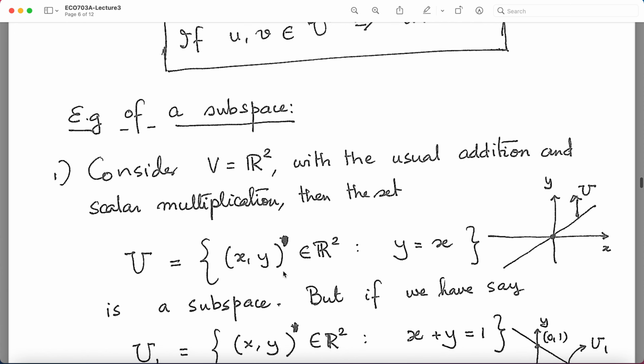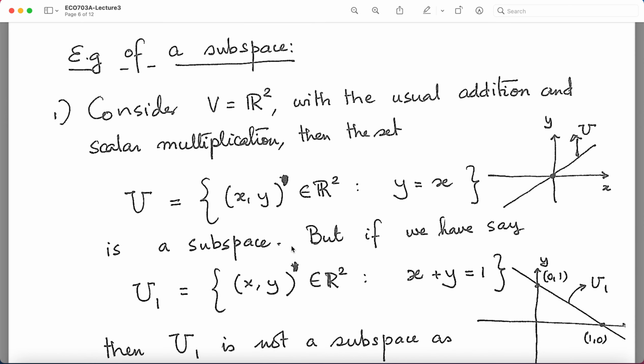So, consider all x y elements of R2, you can write it with a transpose also. Sometimes I have written it in this way, sometimes I have moved it out. When you write in terms of sets, you often write things as a row vector, but formally they should be written as a column vector, because we have said that vectors would always be written as column vectors, a column of coordinates. But in mathematical writing, after being involved for so long, you keep on writing what comes naturally.